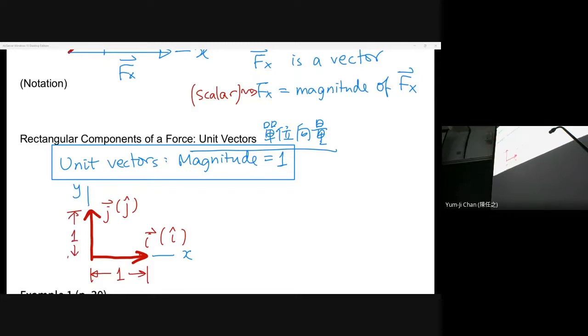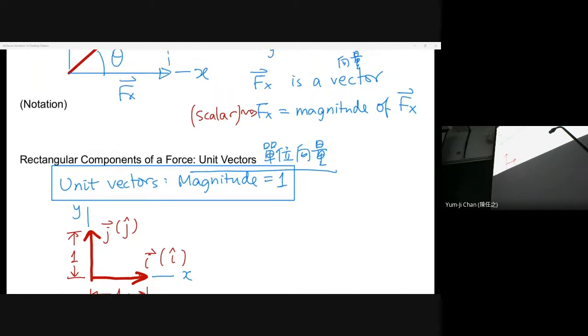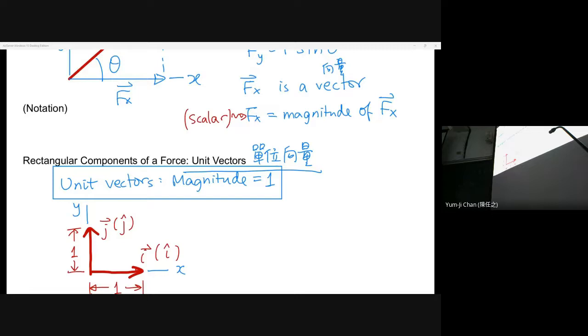Now, because we have F equals Fx plus Fy before, right?